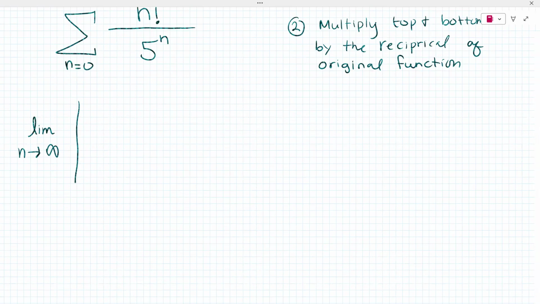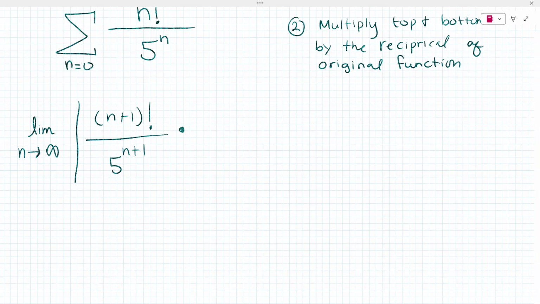So for the first term, replace n with n plus 1. So it's going to be n plus 1 factorial. And then on the bottom, it was 5 raised to the n, so now that's going to be 5 raised to the n plus 1. And then you're going to multiply it by your original function's reciprocal.